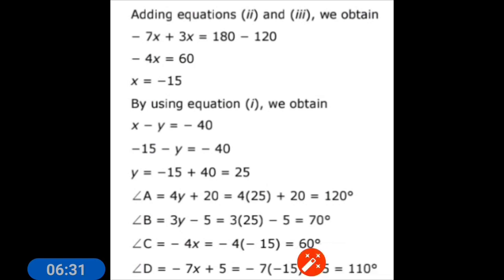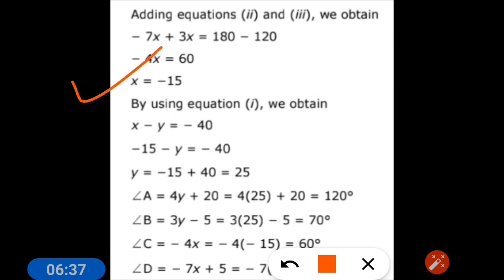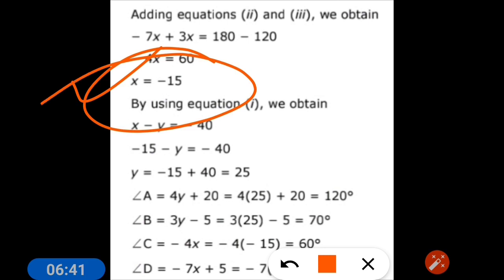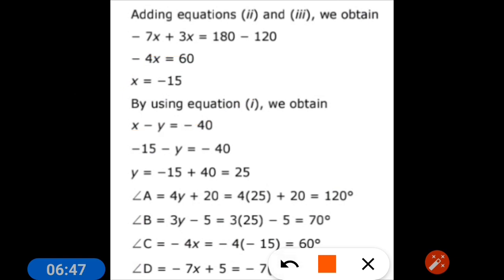After applying the elimination method and adding the equations, we will get the value of x as minus 15. Now we have the value of x, and we can put that in equation 1, 2 or 3.